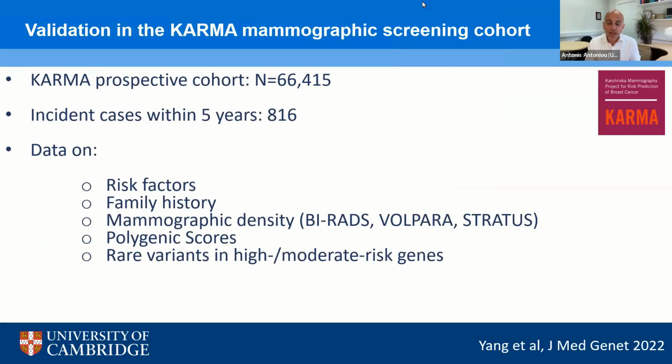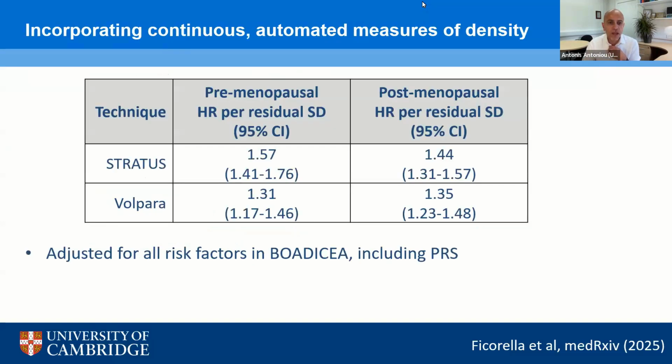So we used data from the KARMA mammography screening cohort that had information also on Volpara, which is a volumetric measure of density, and also Stratus, which is an AI-based approach of measuring density, but they are continuous measures of density, which have been shown to be stronger predictors of breast cancer risk.